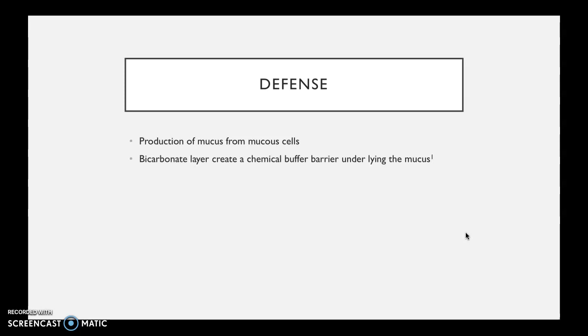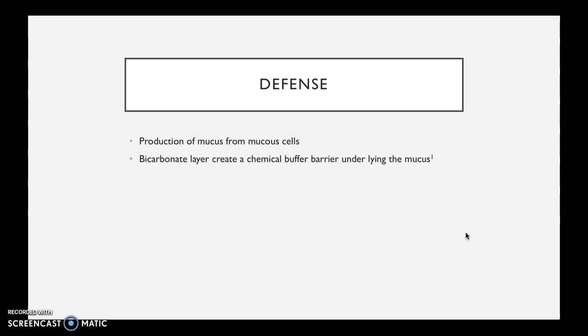So mucus helps protect the mucosa layer, which is the outside layer in the lumen, the first layer that anything we ingest comes in contact with. Mucosa is just a barrier that protects it.